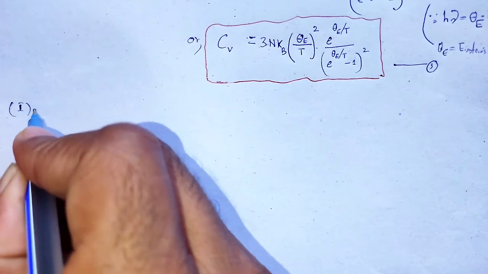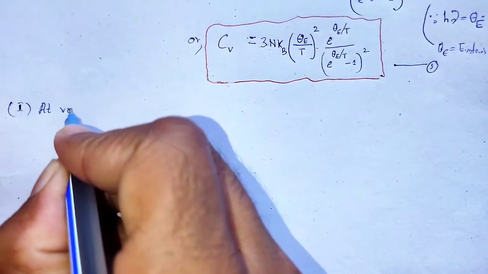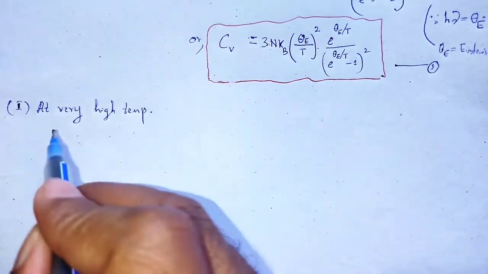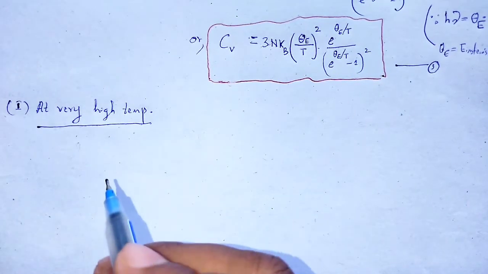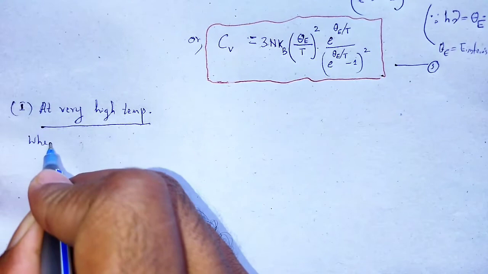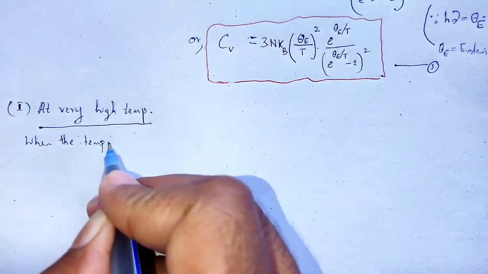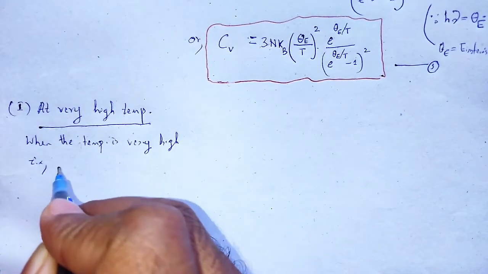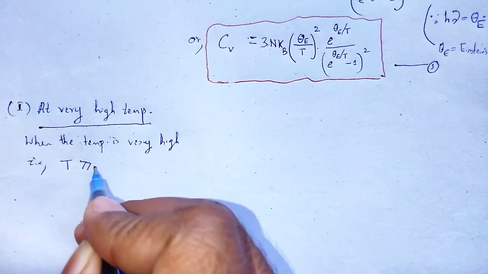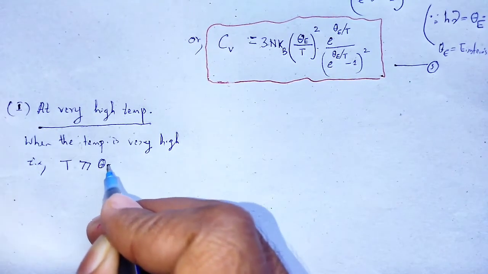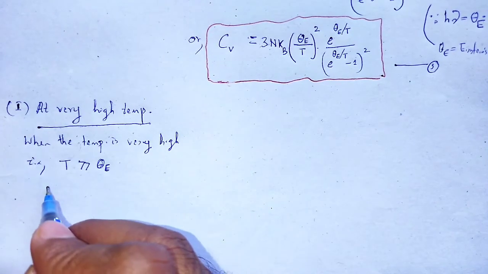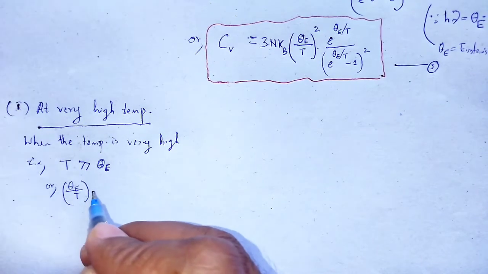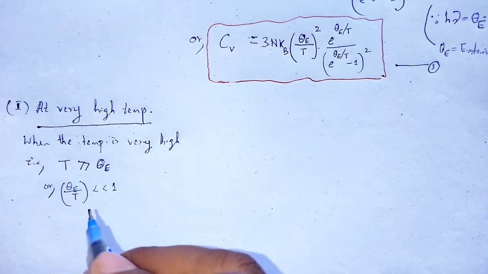First one, at very high temperature, when the temperature is very high, that is T is much greater than Einstein's temperature theta E. Therefore theta E divided by T is very much less than 1.